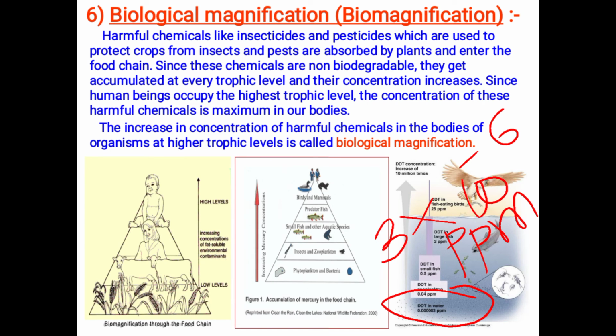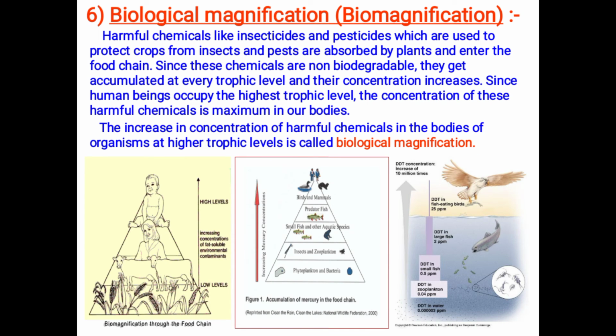That much small quantity of DDT will be put in the water. So that DDT will be absorbed by the small animals present in the water, which are called zooplankton.